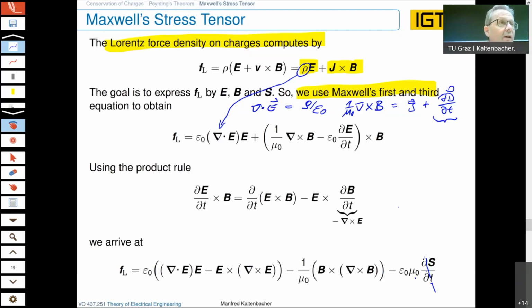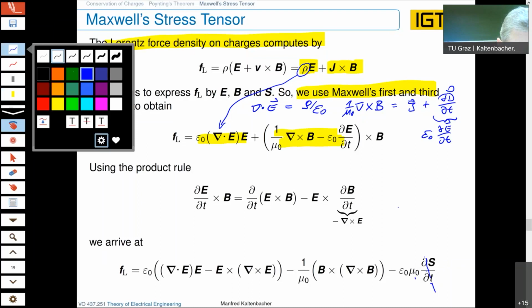We assume that we are in vacuum or in air. And this can also be written as epsilon 0 dE/dt. So that is why we get this first term, and why we get this second term.